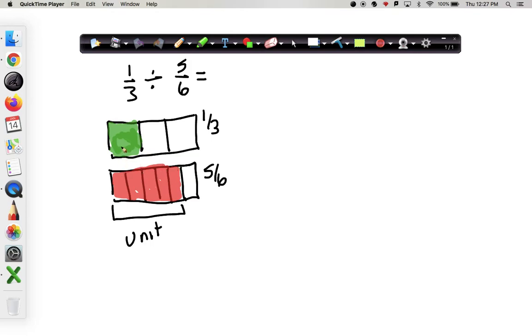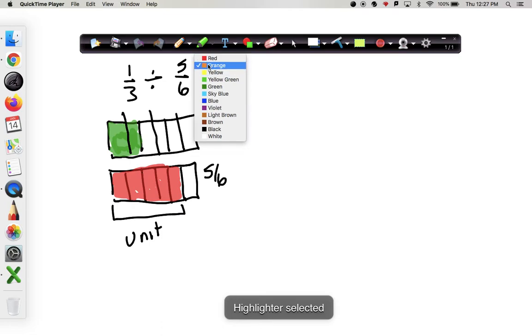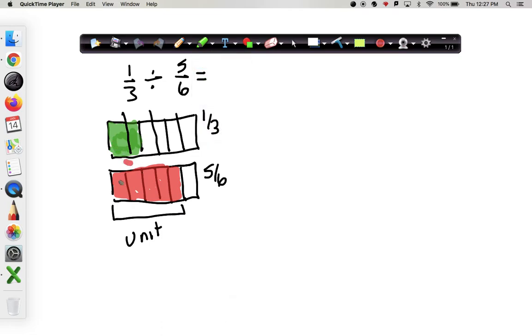And if we split this into sixths and really think of taking this red and putting it right over the top of this, let's do that. I'm going to take this and just put it right over the top of it, and we can kind of see through how much of this is green.